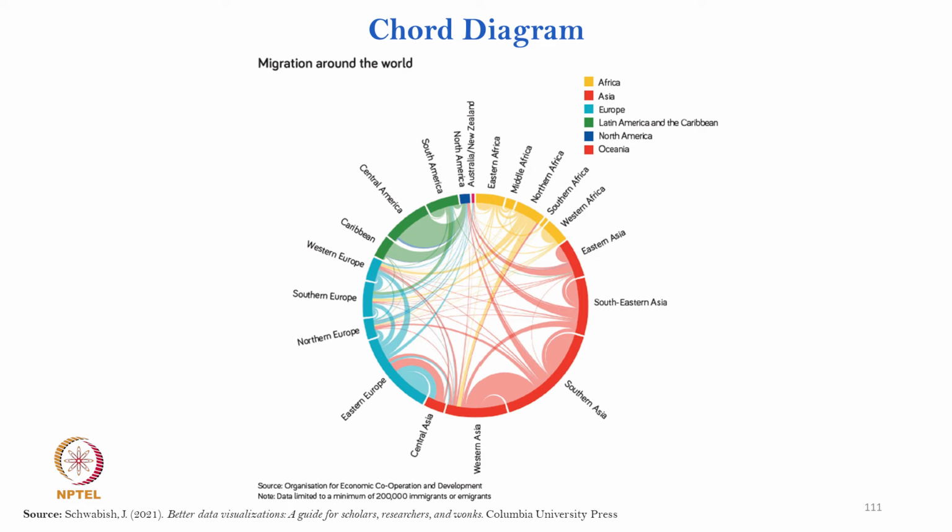This example of a chord diagram shows the migration flow between the major regions of the world in 2017. Each region is placed along the circumference of the circle, and the bands emanating from each correspond to the numbers of migrants entering and leaving each region.